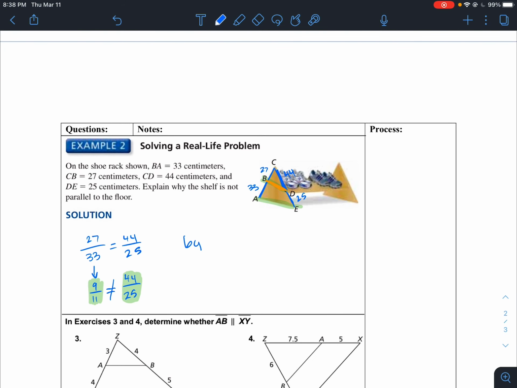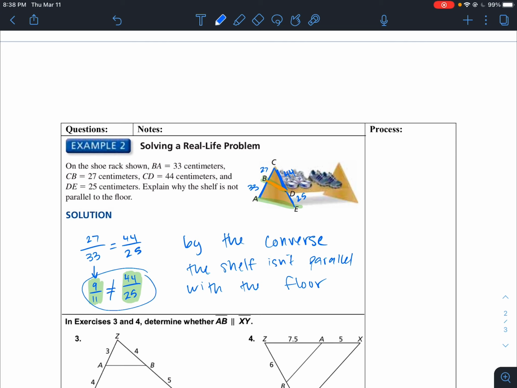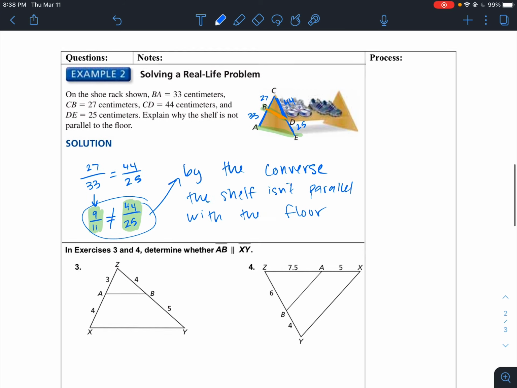So by the converse theorem, the shelf isn't parallel with the floor. And so by this, which is the converse theorem, it's not parallel with the floor.